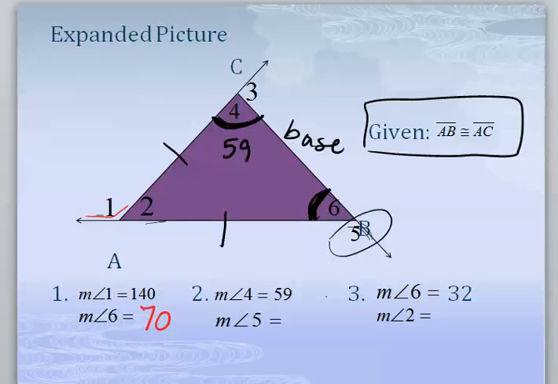Well, if 4 is 59, 6 is the other base angle, they're congruent, so 6 is also 59. But 5 and 6 are adjacent, they add up to 180. So angle 5 will be 180 minus 59. And if we subtract, we get 121 degrees.